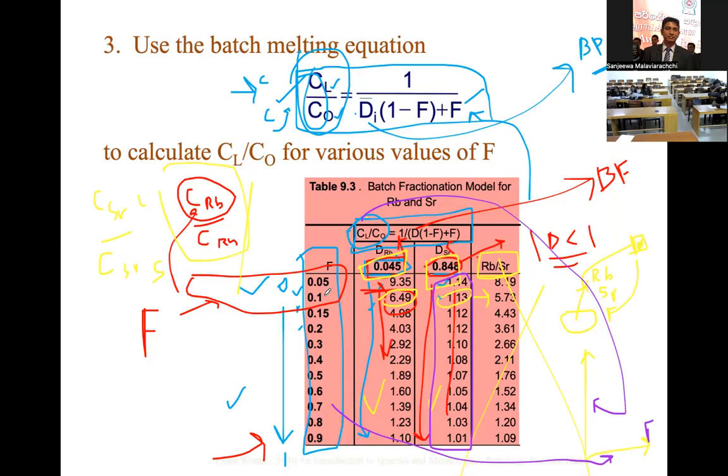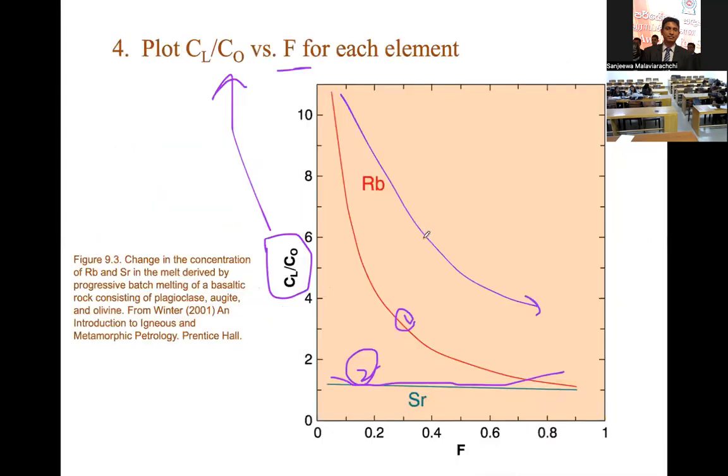Okay, so if your basalt, if your present day rock, is behaving in accordance with one of these curves, then you can interpret that your rock has been produced as a result of batch melting, because we applied the batch melting equation here to model this system, right?